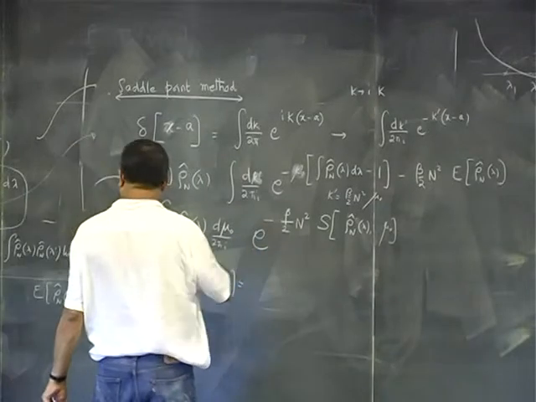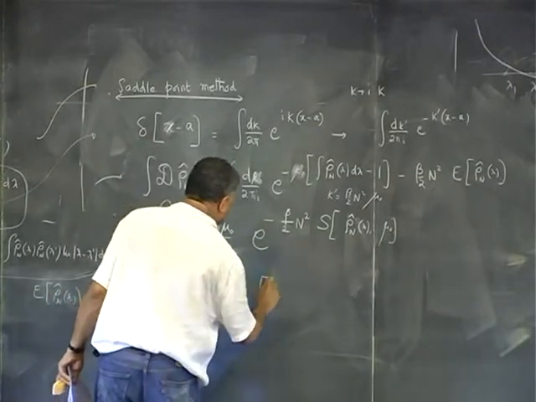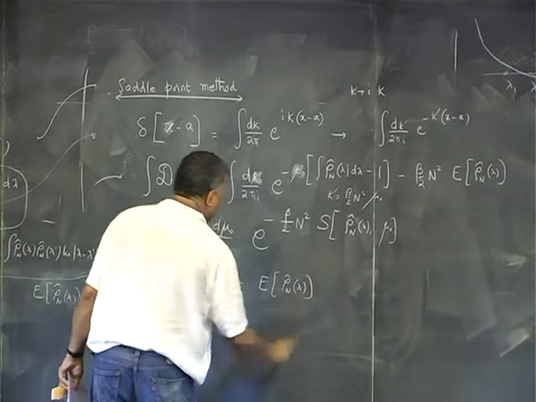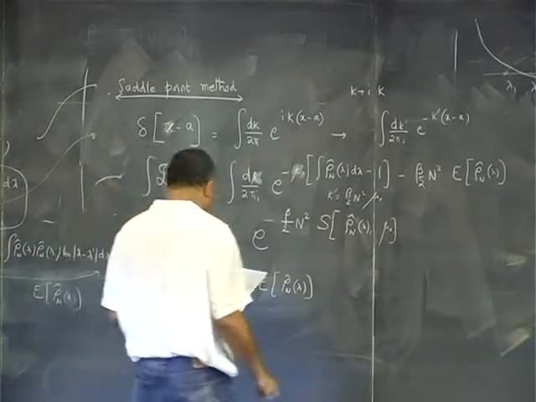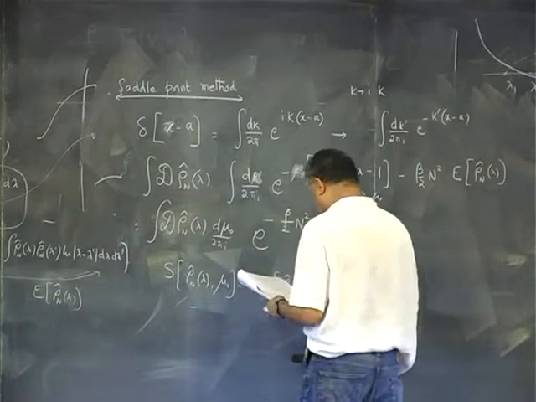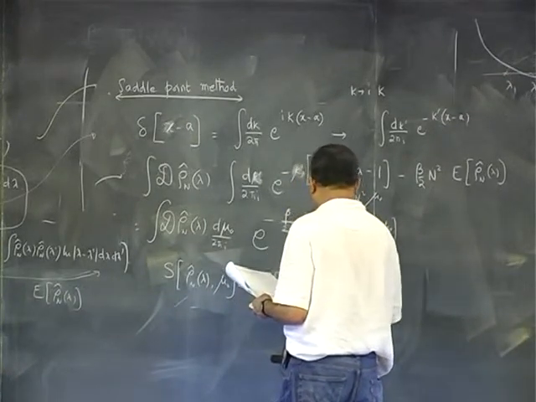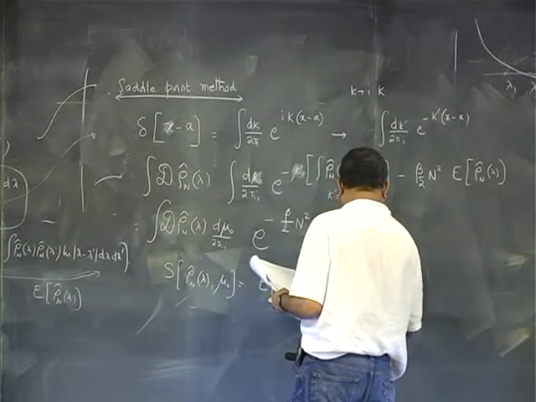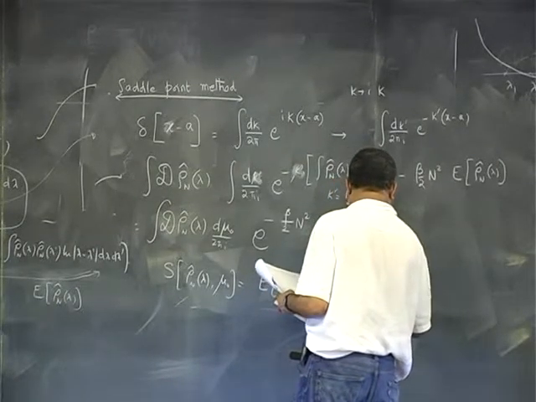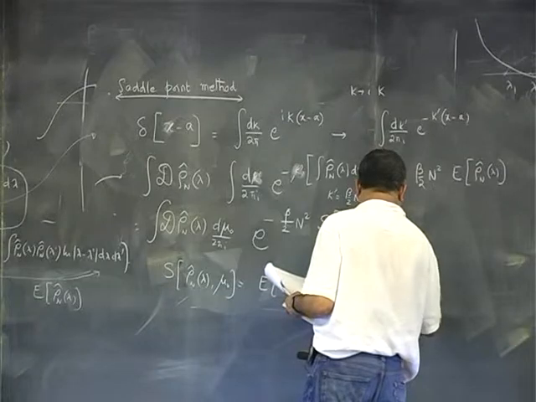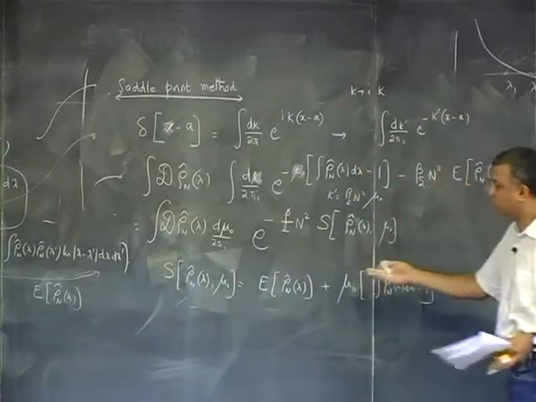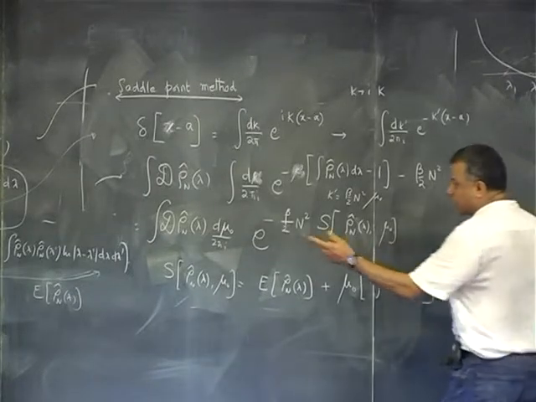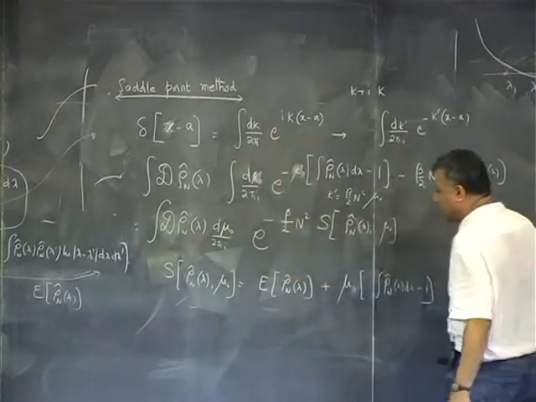So this is our E of rho n lambda, energy term, minus or plus mu naught times the integral of rho n hat lambda d lambda minus 1. Okay. So you see, this is exactly what you do when you do Lagrange multiplier. Lagrange multiplier simply means just representing the delta function by its integral representation.